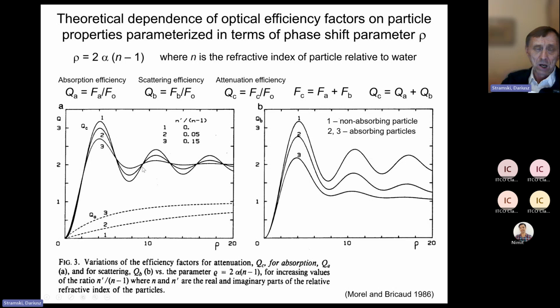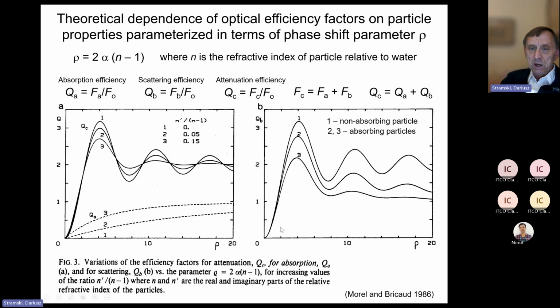That's what happens here. But there is also this oscillation. You can see that the more absorbing the particle, the more these oscillations are damped. Attenuation efficiency is the sum of absorption and total scattering efficiency. So if we take the difference between QC and QA, we get these patterns of behavior of Q sub B, which is the efficiency for total scattering as a function of particle parameter ρ.